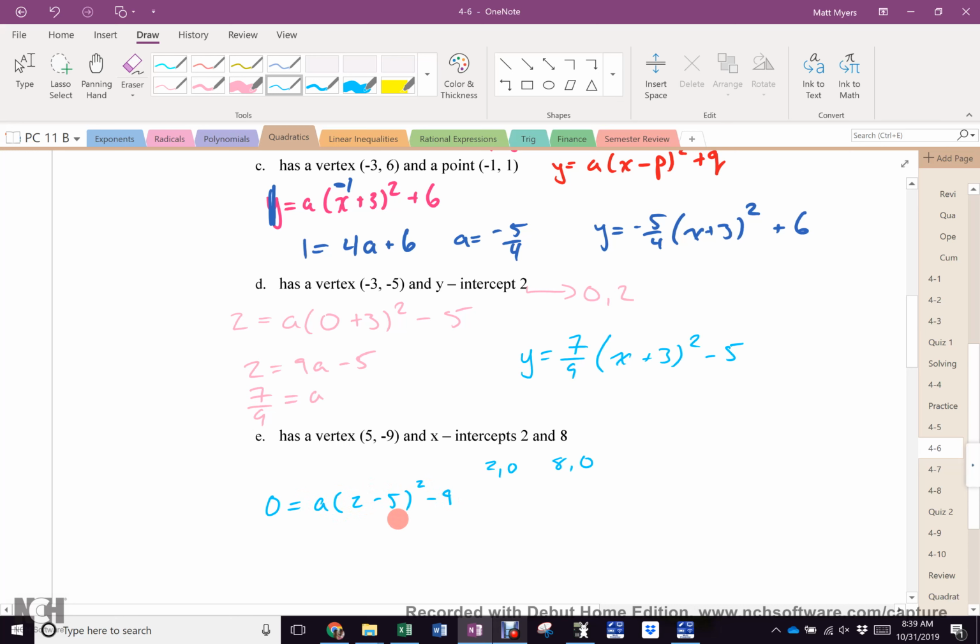What's 2 minus 5? What's negative 3 squared? 9. Who said negative 9? 0 equals 9a minus 9. What does a equal? And I really don't want to hear a wrong answer here. 1. Y equals x minus 5 squared minus 9.